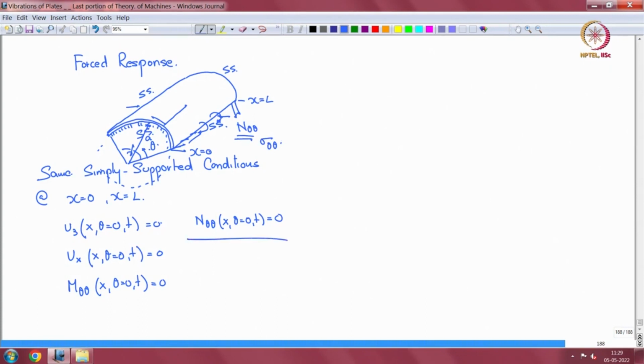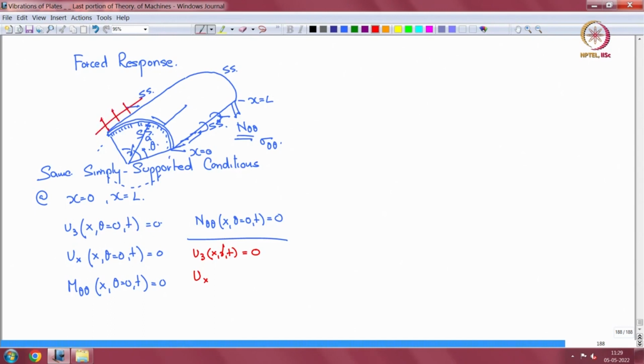Similarly, at the other edge you have u3 at x comma gamma comma t equal to 0. So u3 is 0 over here.